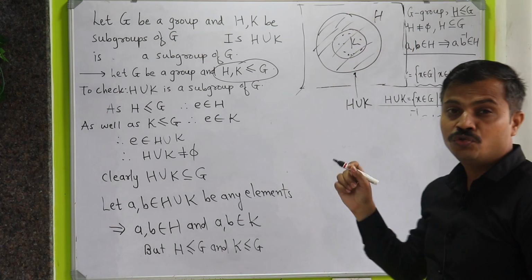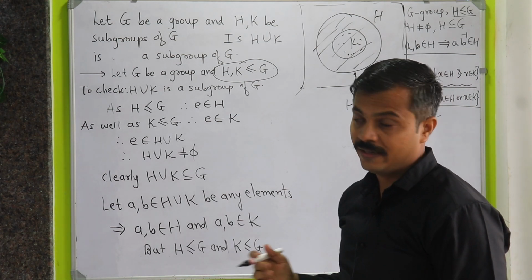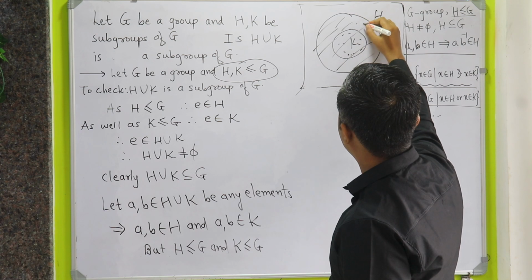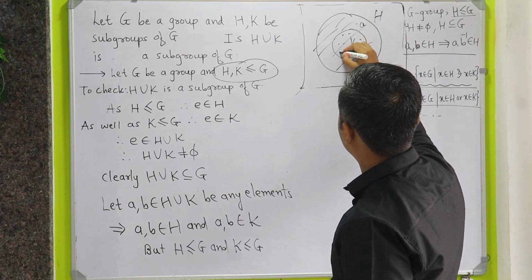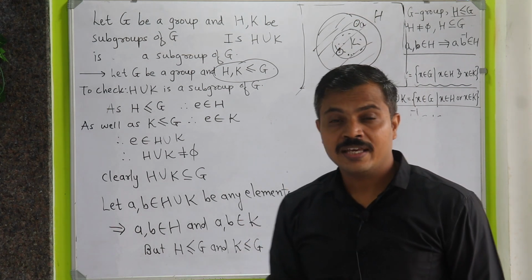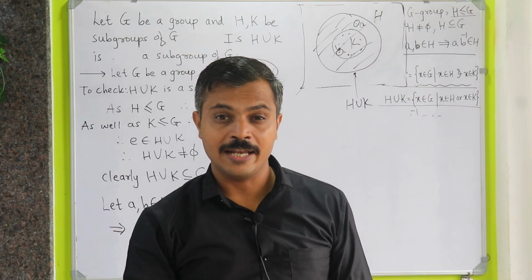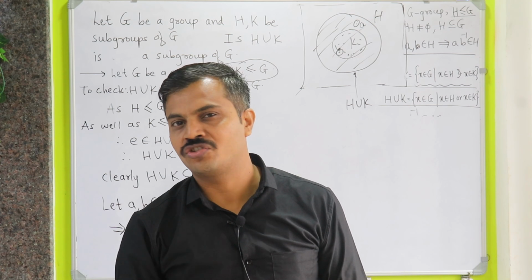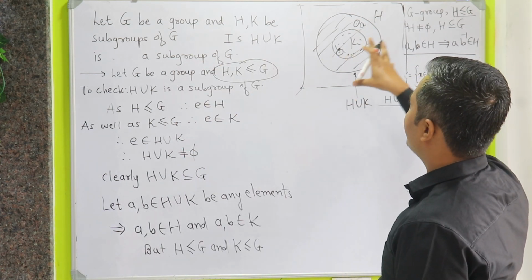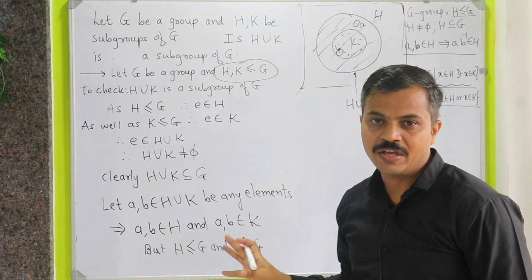So if I take two elements, let us say A and B from H union K, let us say A lies here and let us say B lies here, still we can say that both A and B lie in H. Am I right? Because K is actually a subset of H.